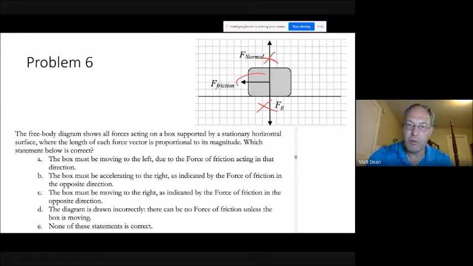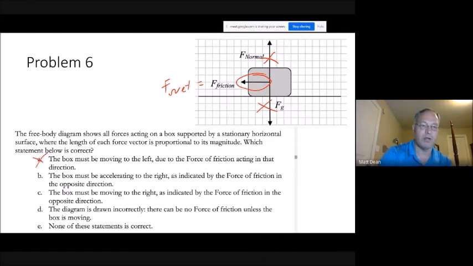So we have a net force of friction acting to the left. So this frictional force is the net force. Choice A: the box is moving to the left due to the force of friction acting in that direction. Well, remember that friction always acts in the opposite direction of motion. So the friction can't be acting to the left if the box is moving to the left.